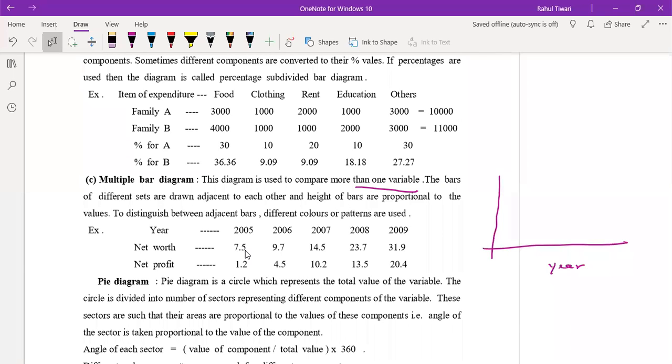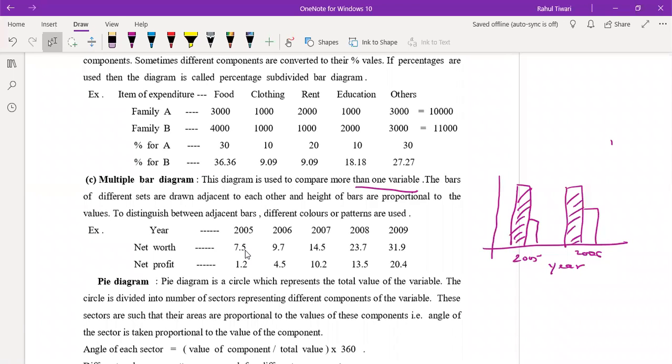So I may say this is my data for worth and this is my data for profit. This is for 2005. Again, I have some vertical bars, just taking random bars. This is 2006, so I will give this pattern.